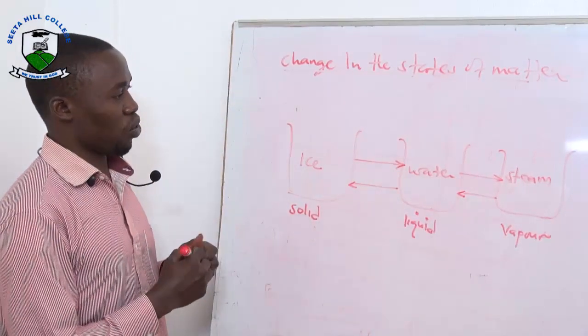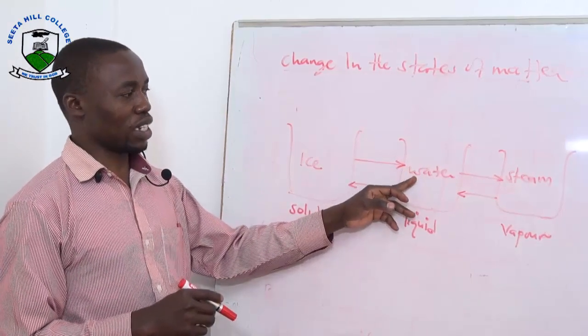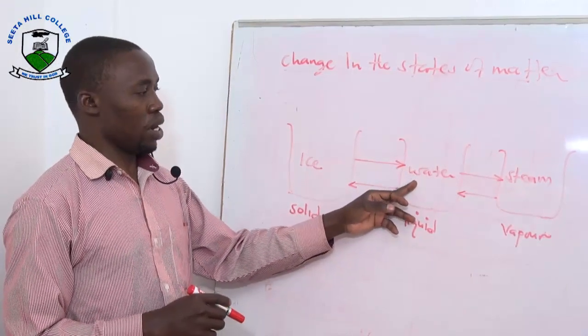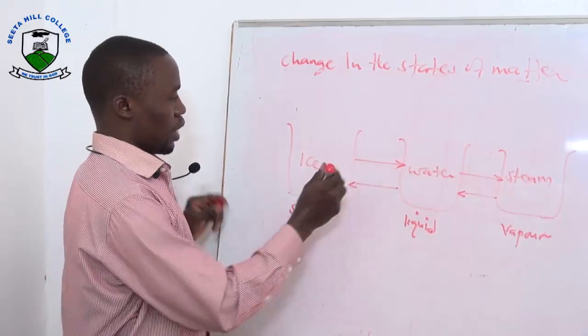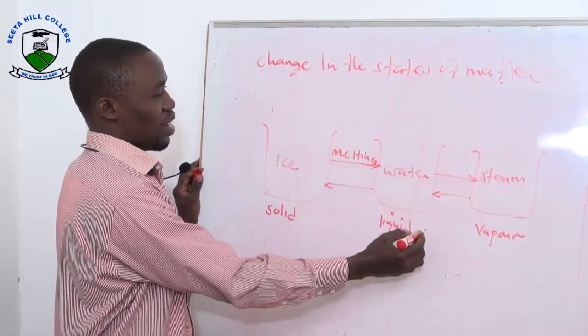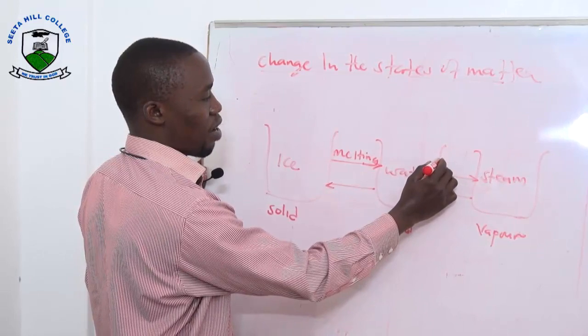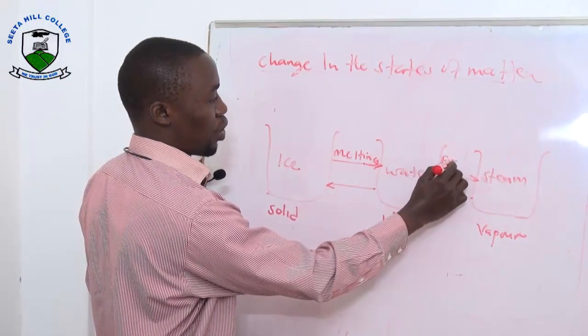If we are moving from ice to water, what has actually taken place? Melting. Okay. Water to steam. Evaporation, or we call it boiling.